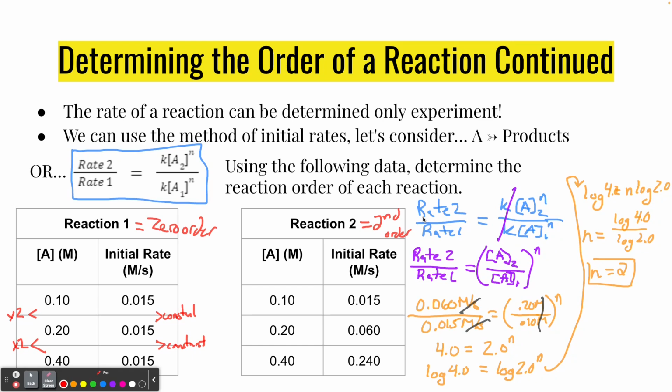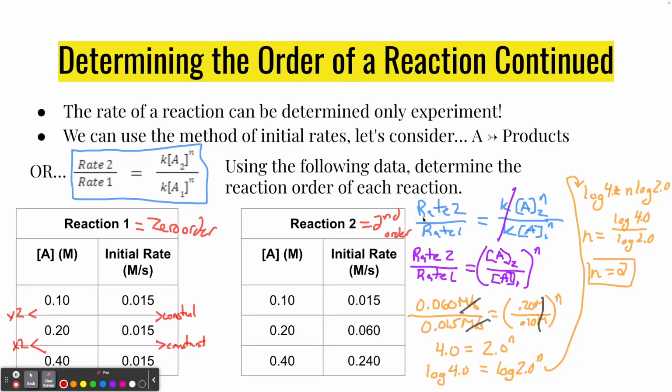Again, in zero order, the rate is going to be constant with respect to the concentration, so the rate remains the same with respect to the concentration of A. When we're looking at a first order reaction, as you saw on the previous slide, the rate was directly proportional to the concentration of A. So every time the concentration of A doubled on the previous slide, the rate doubled as well.